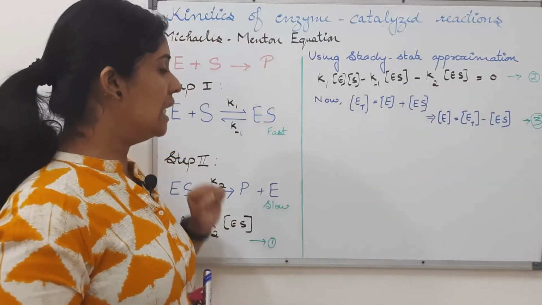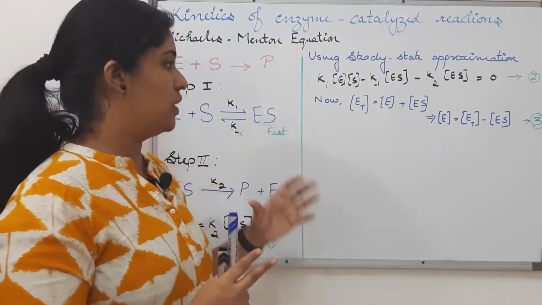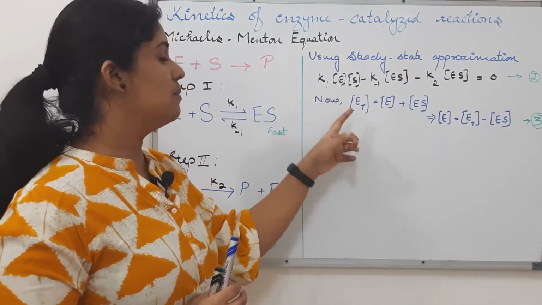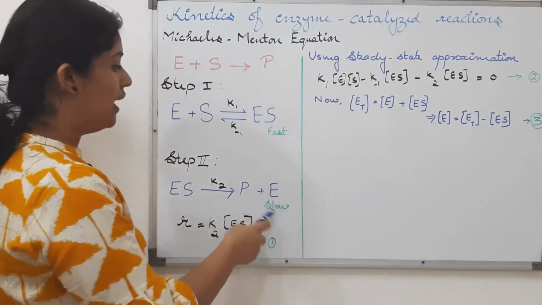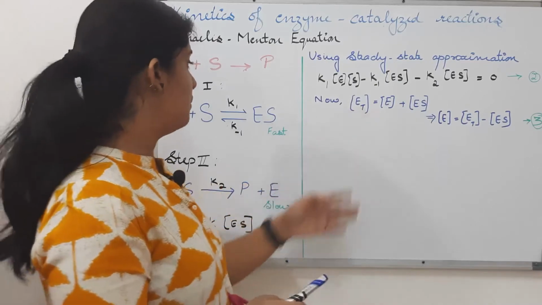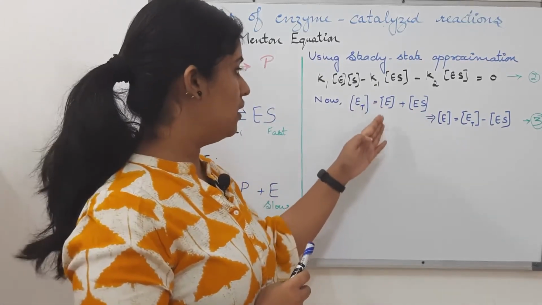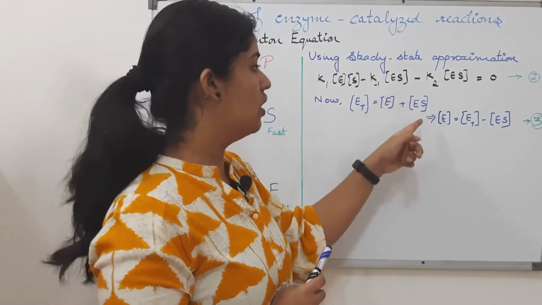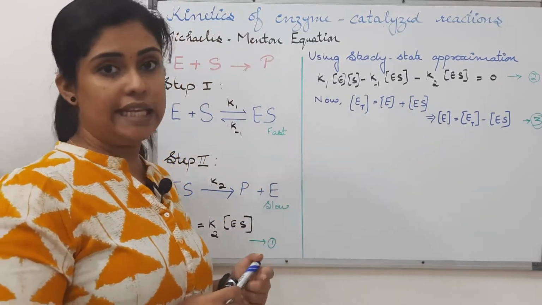Okay. Now the total enzyme concentration, which can be written as E total, is a sum of the free enzyme that is being liberated plus the enzyme substrate that is reacting. So we have concentration of E plus concentration of ES to be my total enzyme concentration ET.